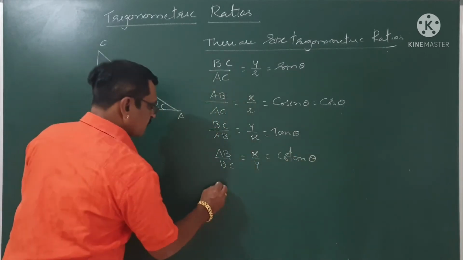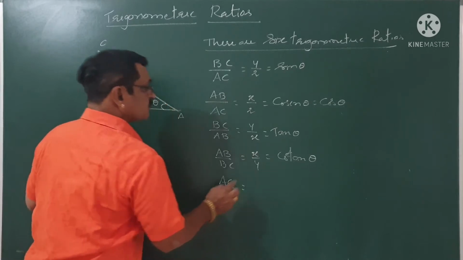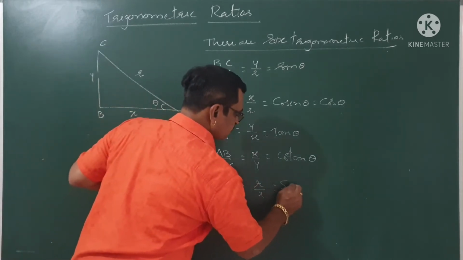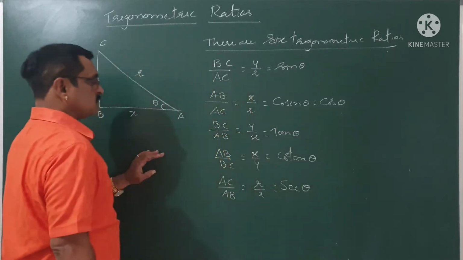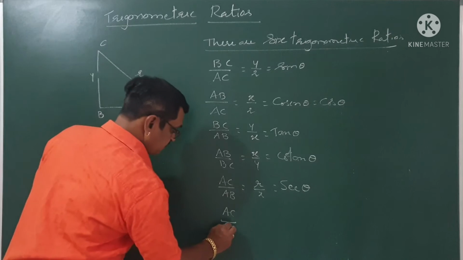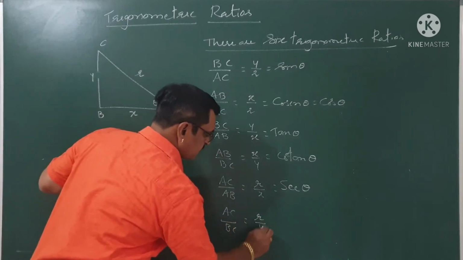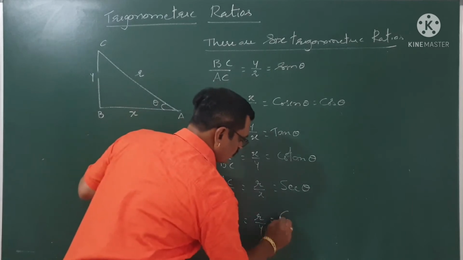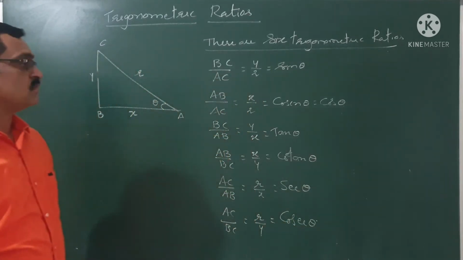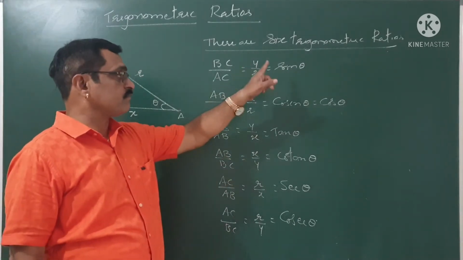Next one, AC by AB, which is equal to r by x, is named secant theta. And finally, AC by BC, which is r by y, is cosecant theta.